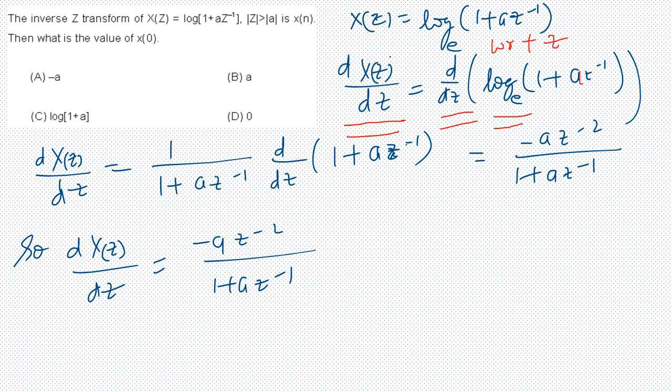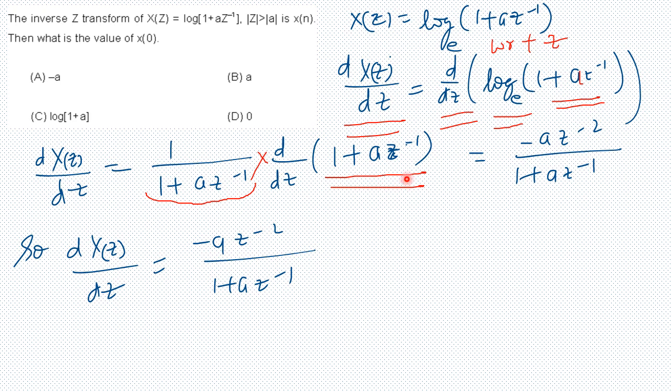The differentiation of log of x with respect to x is 1 over x, so we get 1 over the expression, times the derivative of the expression inside, which is 1 plus a z inverse. The 1 is going to give 0, and a z power minus 1 gives the differentiation minus a z power minus 2.